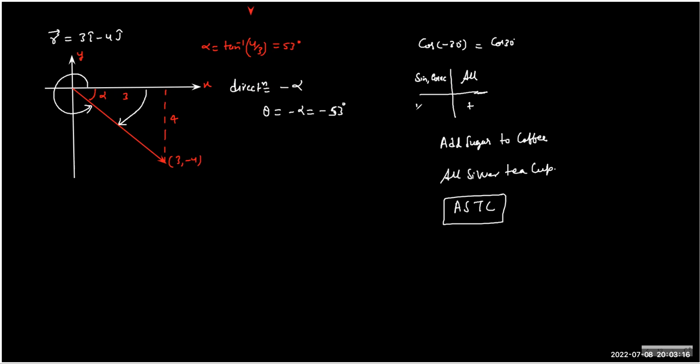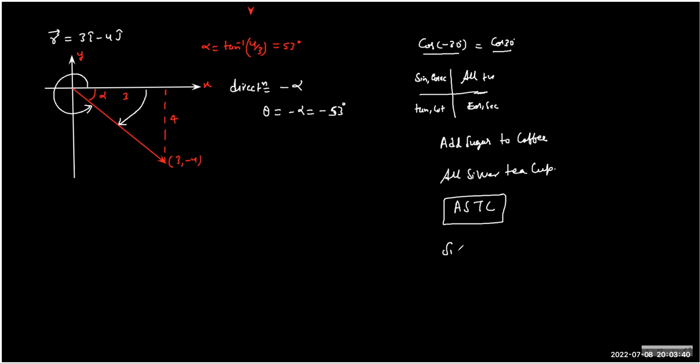The third will be tan and cot, because they are inverse of each other. And fourth is cos and sec. So these are positive. In the first, every angle is positive. And that is why the cos of minus theta is actually cos theta. That's why the rule.